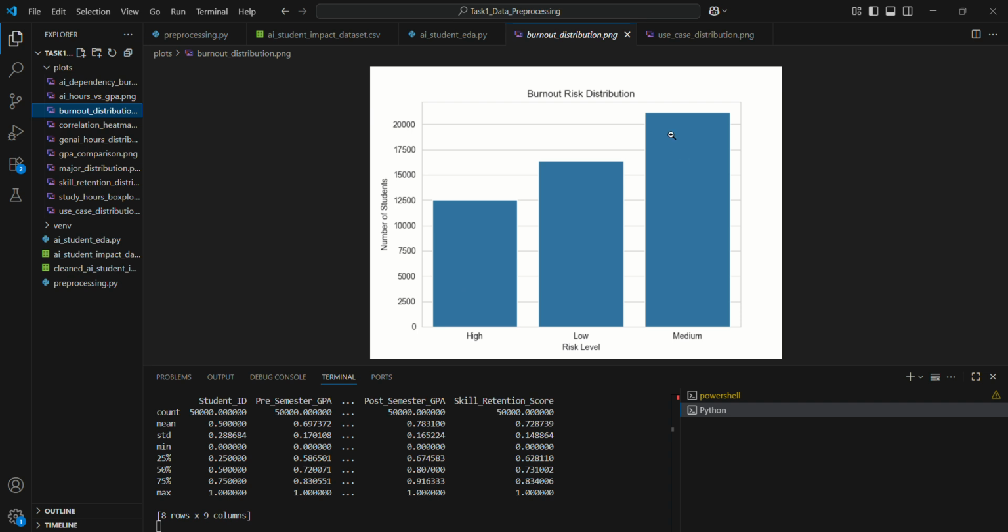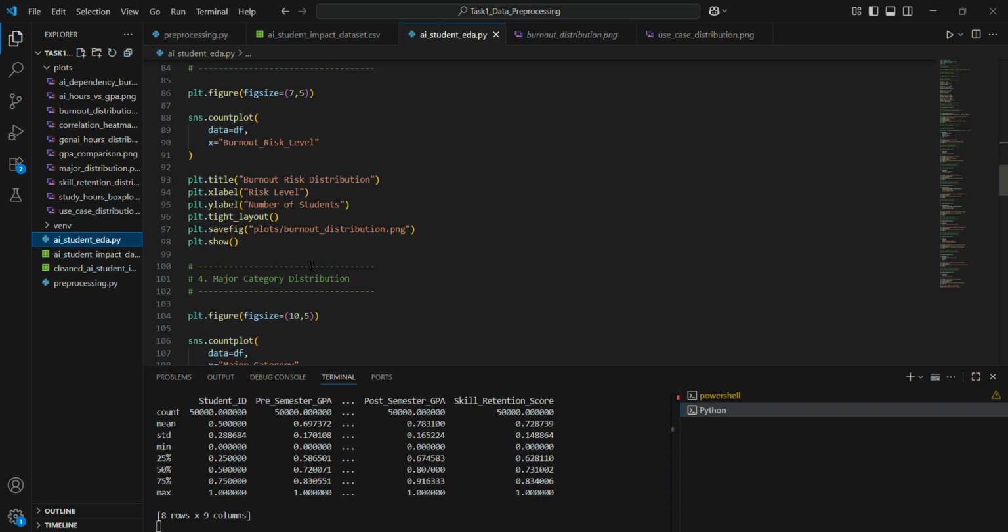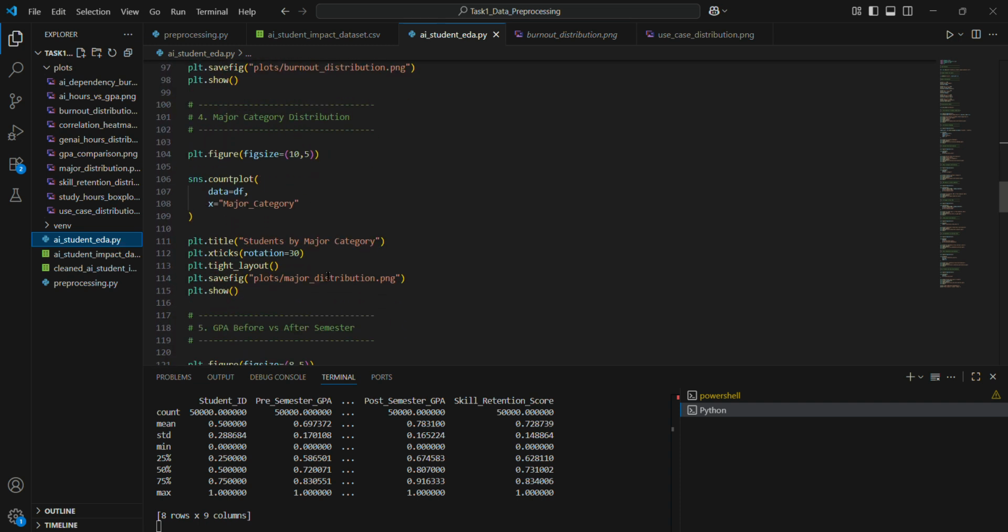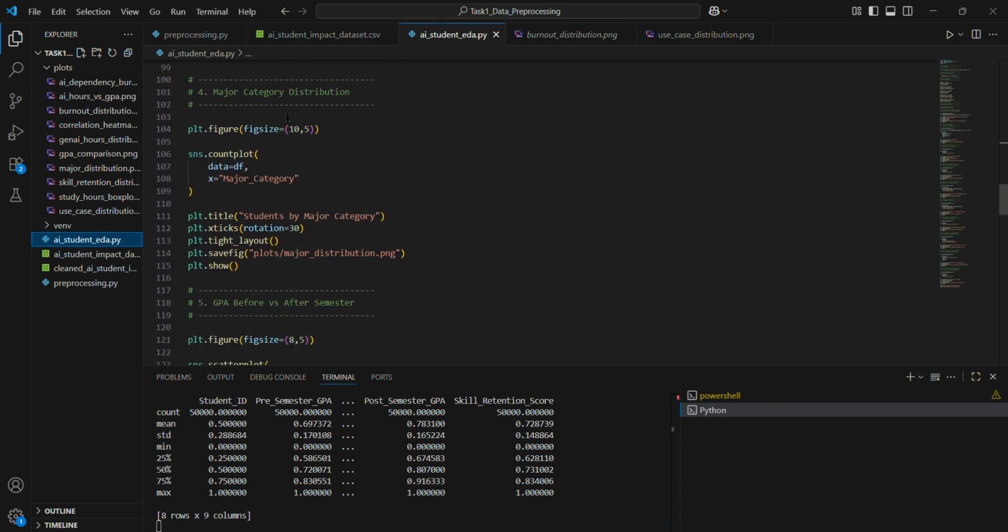So we do see some differences, but we see that the majority of the students are actually in the medium burnout risk level, right?